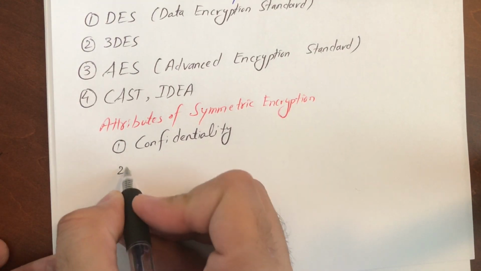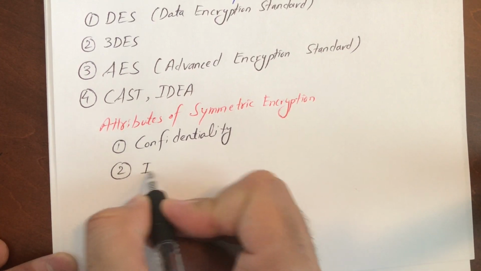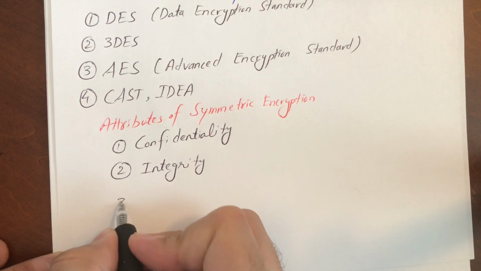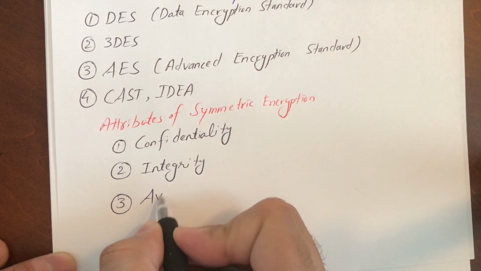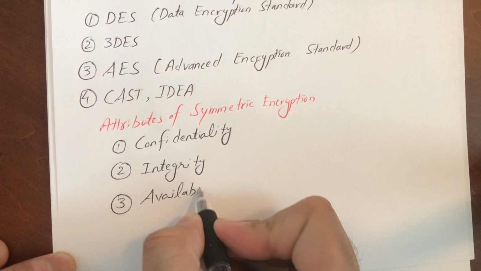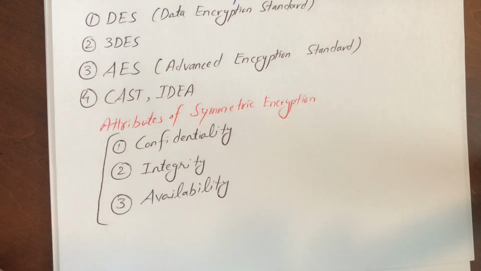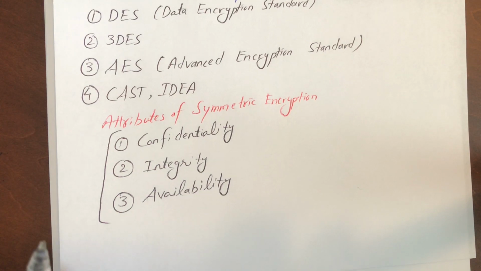Secondly, we can provide integrity. The third thing that we can provide is availability. These are the three things that symmetric encryption algorithms actually provide. They don't provide authentication or non-repudiation. These two are features of asymmetric encryption.